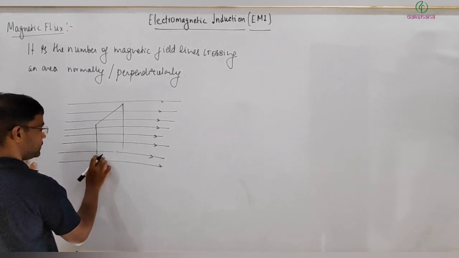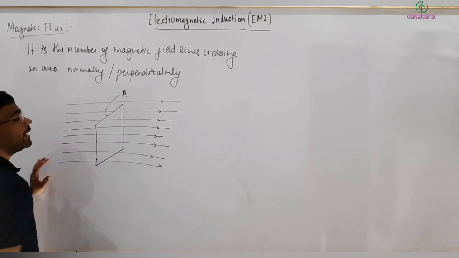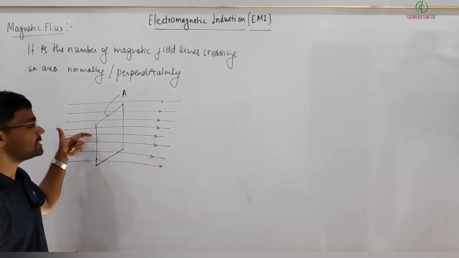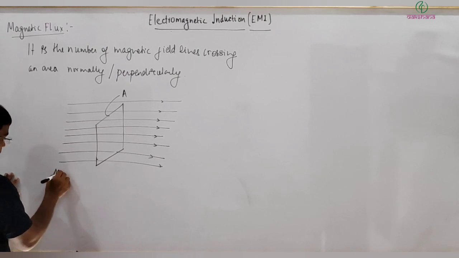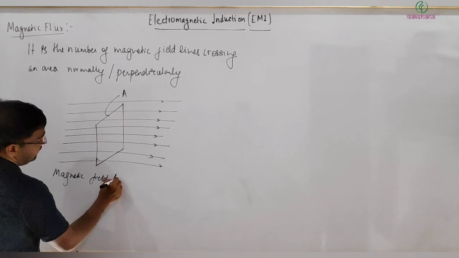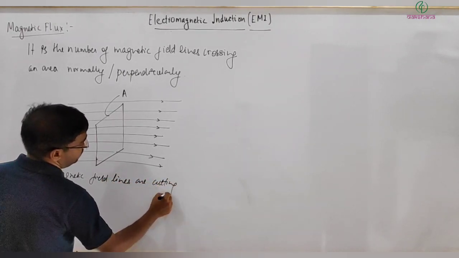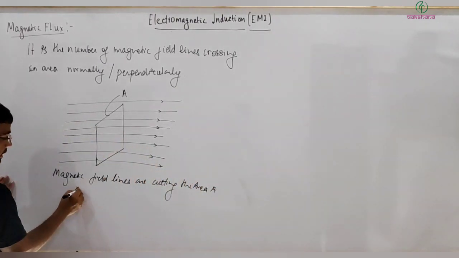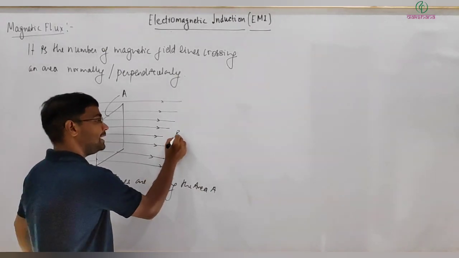Let's say its area is A, and these magnetic field lines are cutting the area A normally, and the magnetic field is B.